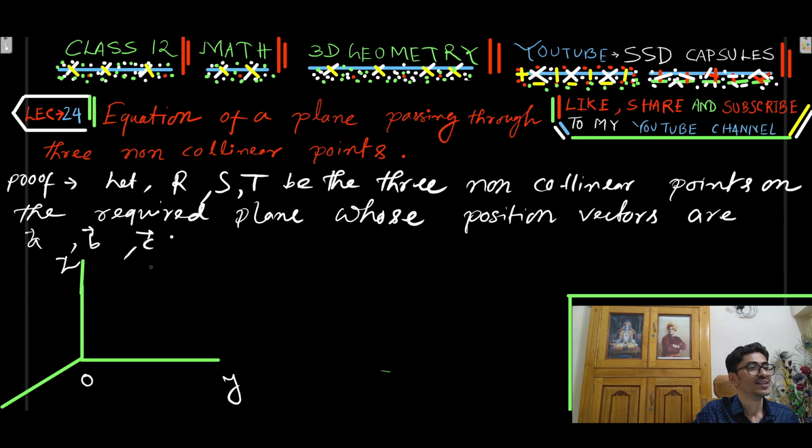Okay. So here, say this point is R, this point is S, and this point is T. Then I join these like that. This is RS vector, this is RT vector.